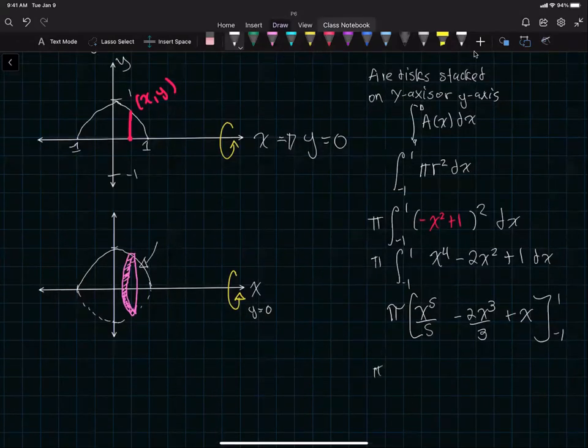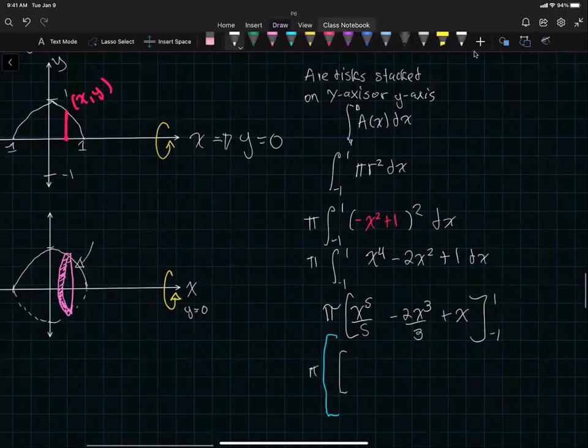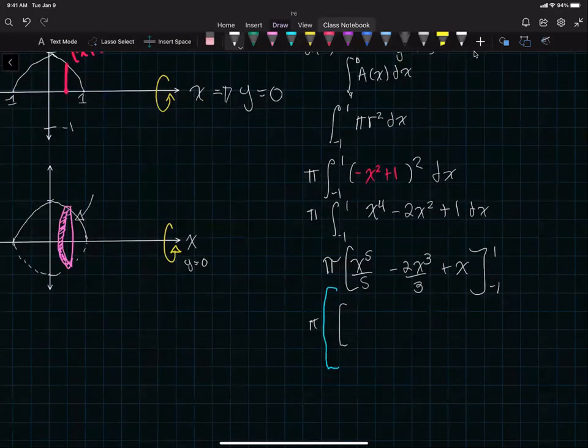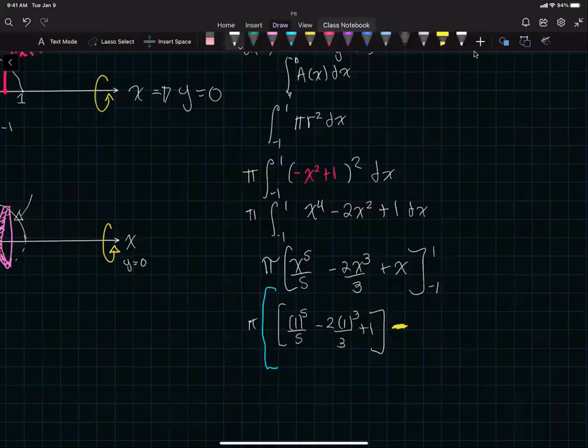This is going to be pi, and this is the part where I'm going to use double brackets, because you have the outside and then you have the limits of 1. So it's going to be 1 to the 5th power over 5 minus 2 times 1 to the 3rd power over 3 plus 1. And then here you have this minus from the general rules of integration.